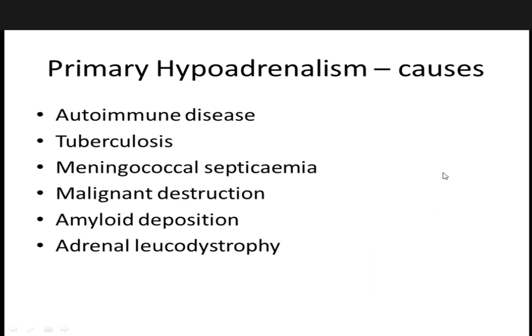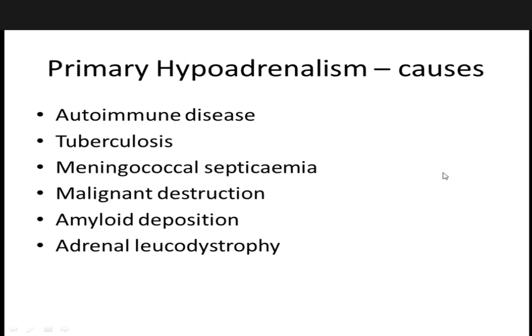Right. So what are the causes for primary adrenal failure? That is the destruction of the adrenal gland. Right. This can be due to autoimmune diseases, tuberculosis, meningococcal septicemia, or it may be due to malignant destruction, amyloid deposition, or even adrenal leukodystrophy.